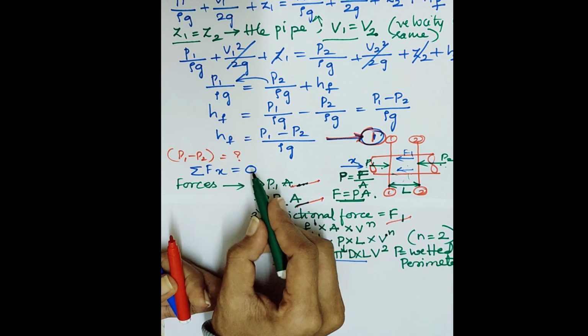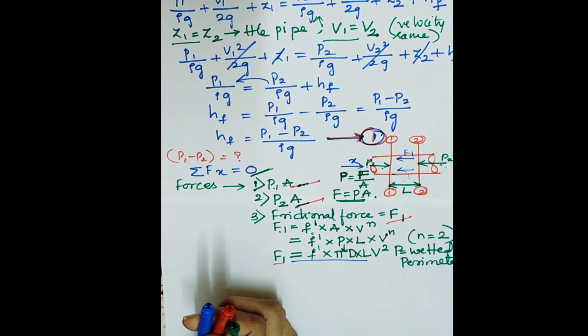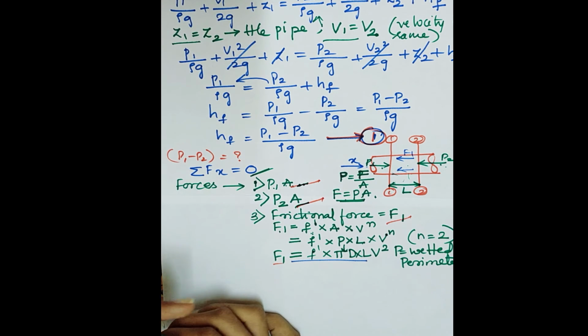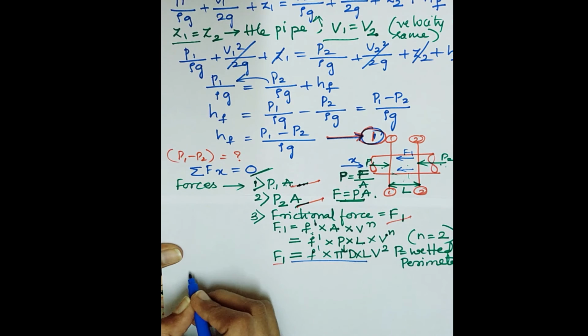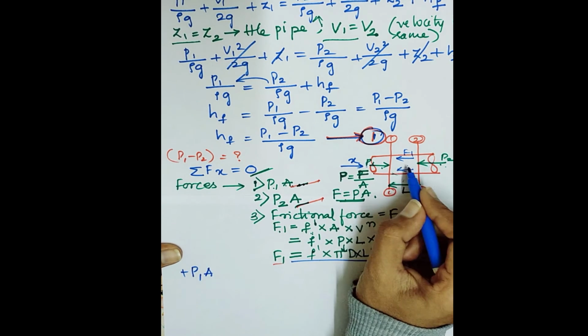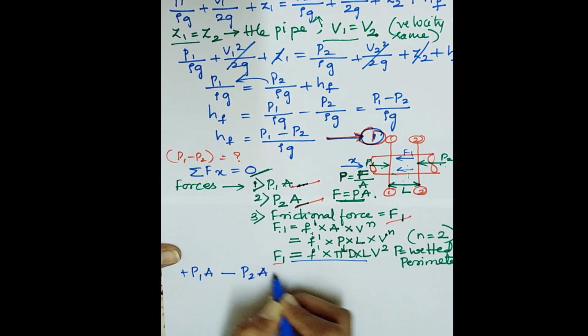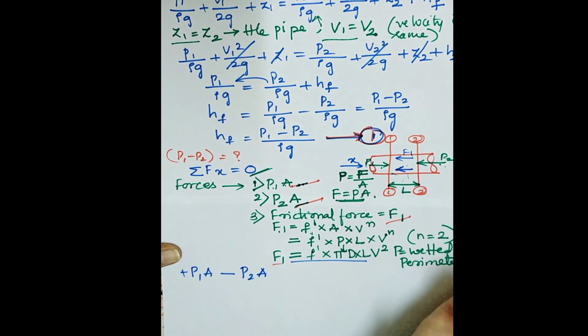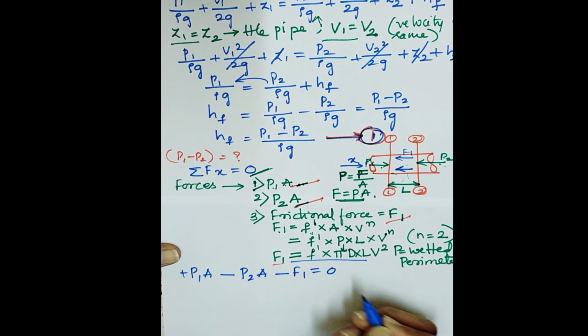Now we'll apply the equilibrium of forces in the direction of the flow. You will get an equation. Here you can see P1 is acting towards right, so it is plus P1 A, and P2 is acting towards left, so it is minus P2 into A, and F1 is also acting towards left, so it is minus F1 is equal to 0.